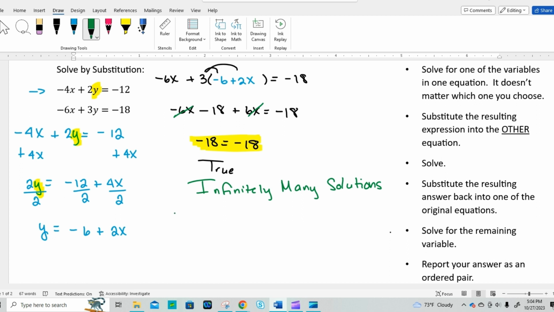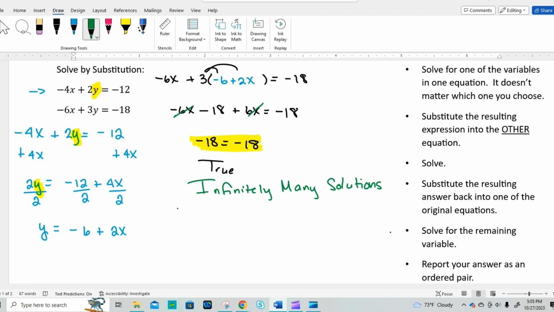Now, some courses will focus more on this than writing infinitely many. Some will focus more on writing infinitely many. It just depends on what your instructor wants to see. So if you're not sure, I would really recommend asking.